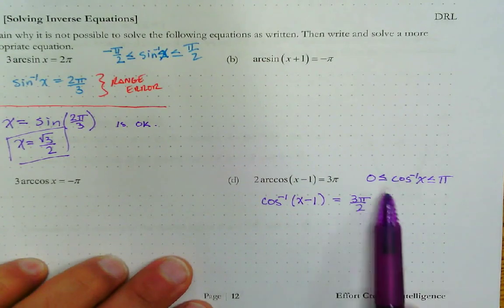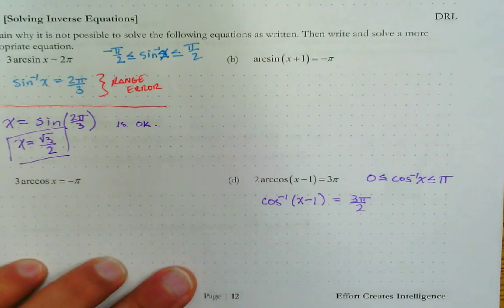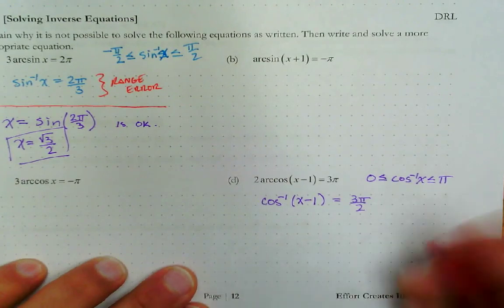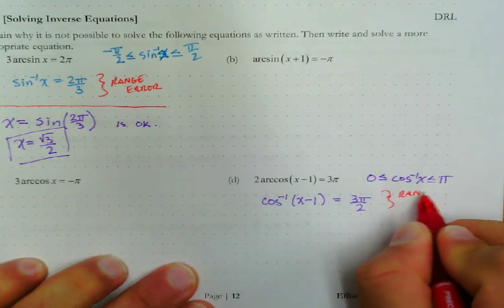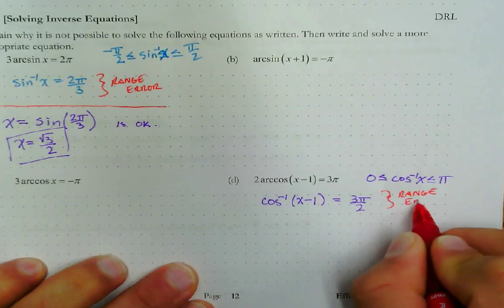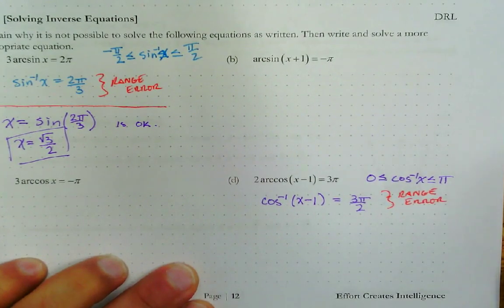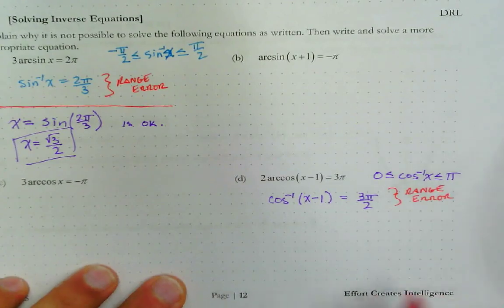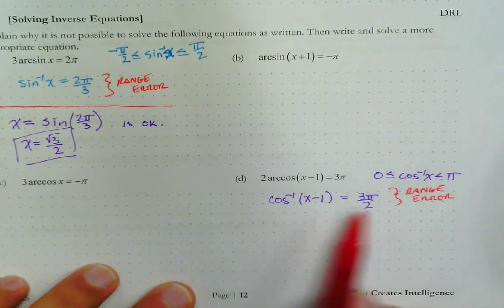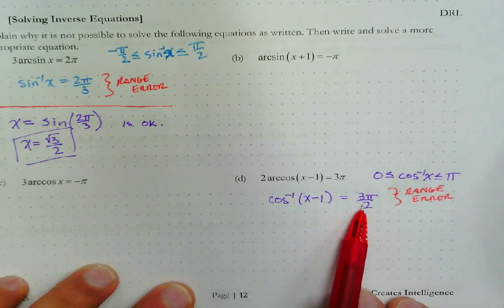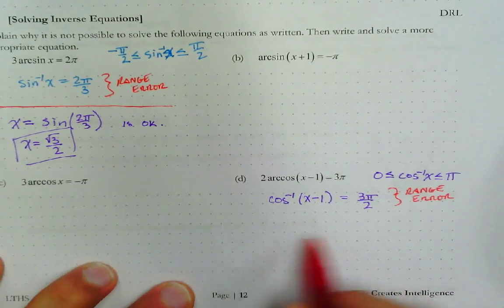Is 3 pi over 2 between 0 and pi? No. No, it is not. So here, I have a range error. And due to this range error, this is an invalid equation, right? The inverse cosine can never be 3 pi over 2.